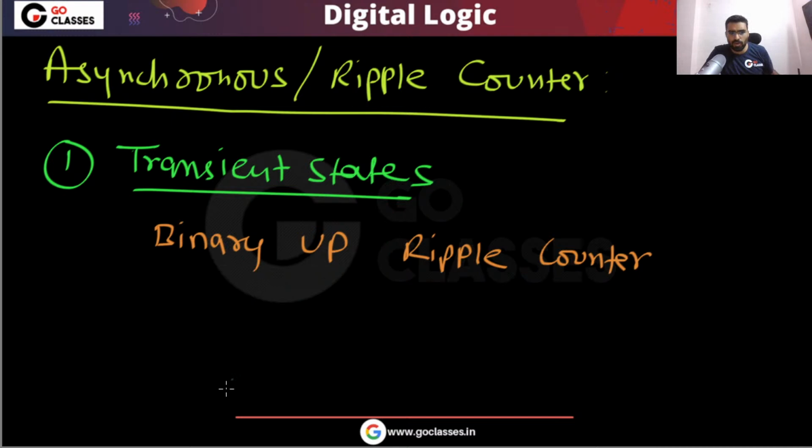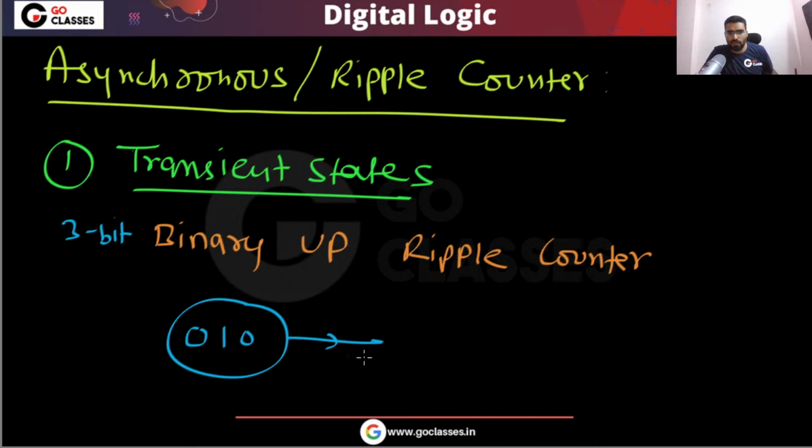Now one more thing, let me ask you. In a 3-bit binary up ripple counter, if this is your current state, what should be the next state, and how many transient states will be there? You know the next state.